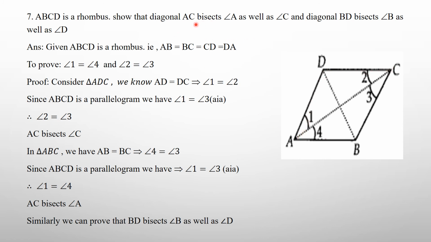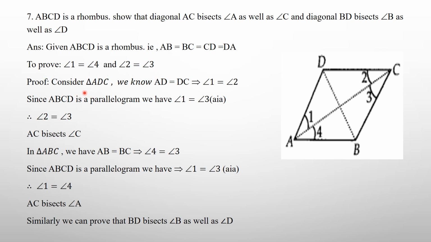Now we need to prove the diagonal AC is going to bisect angle A and angle C. That means the diagonal AC bisects angle A, which shows that angle 1 is equal to angle 4 and angle 2 is equal to angle 3 is what we need to prove.